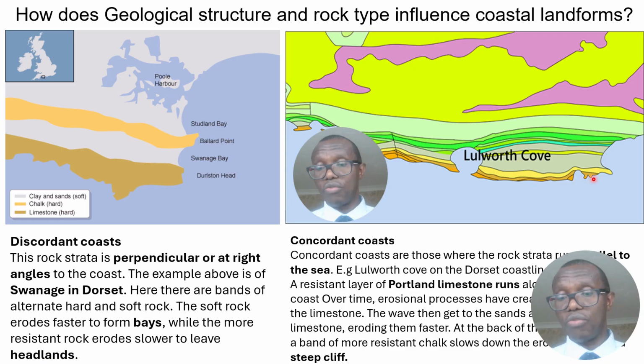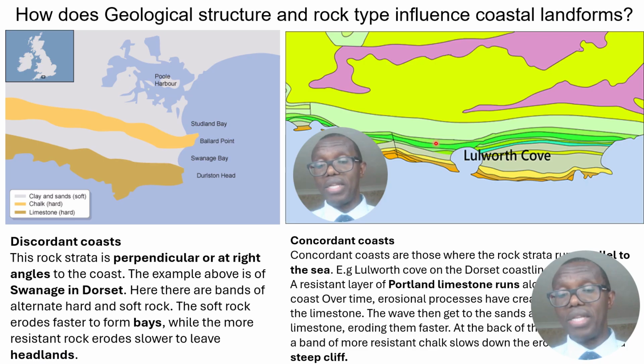We have different types of rock here, and if the rock on the outside or nearest to the sea is fairly resistant, it will erode a lot slower, right? But it will still erode. Now, after it has eroded through the harder strata of rock, then it will get to the softer rock behind it, and that will be eroded a lot faster, as you can see is what has happened here.